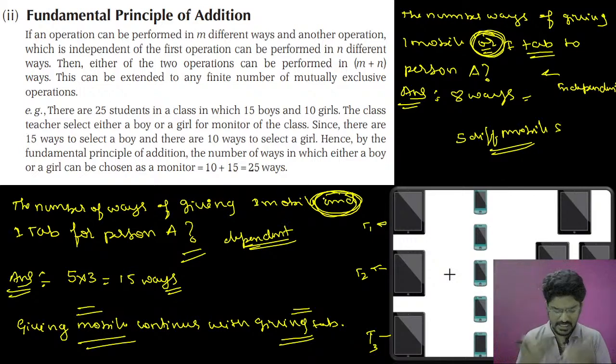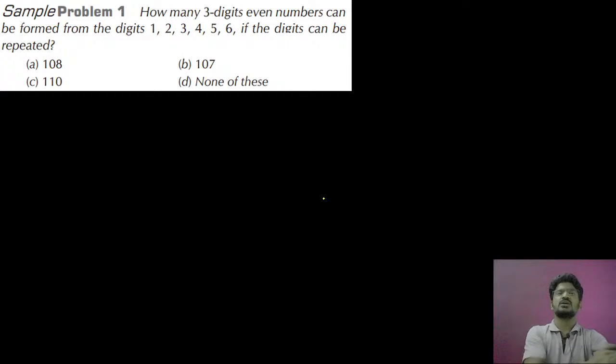These all things you have to remember. Intersection means multiplication. Union means addition.